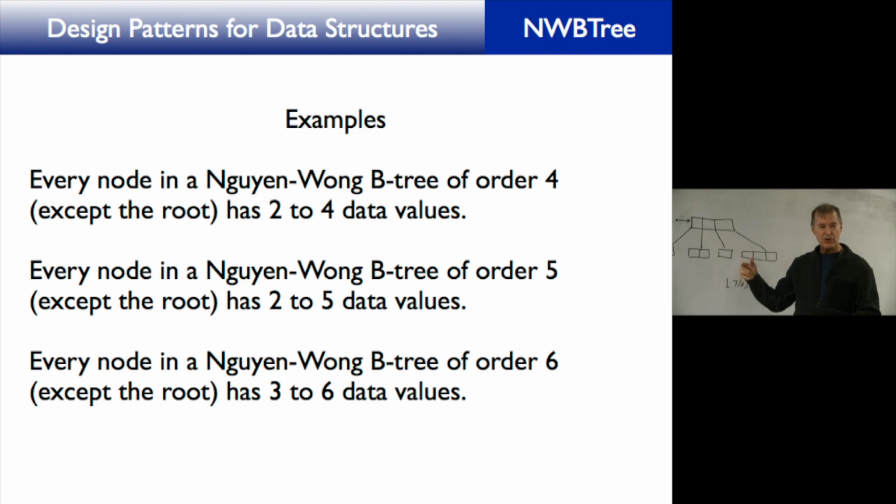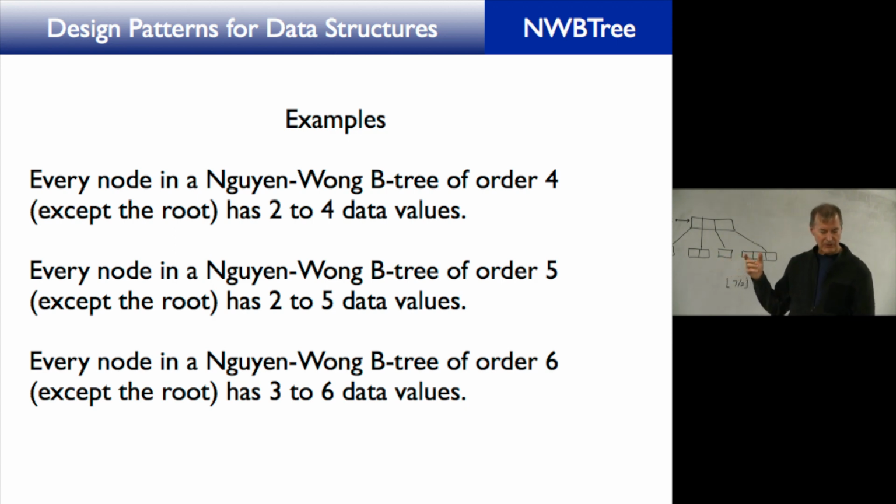Now always there's one more child than there are data, right? But just remember that the order is the maximum number of data values in a tree. Now this definition of the order of a tree is not the standard definition, but Nguyen and Wong have adopted this definition for their implementation of the tree, and I think it's easier to deal with than the conventional definition.